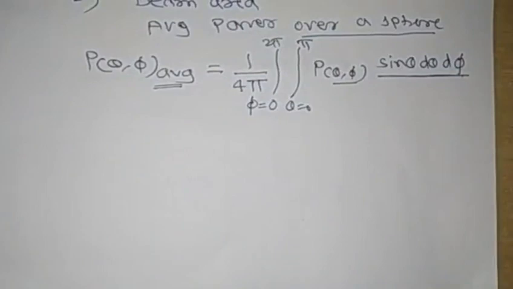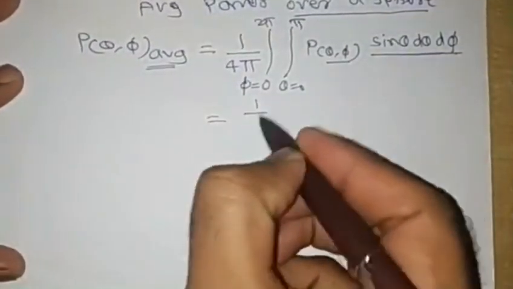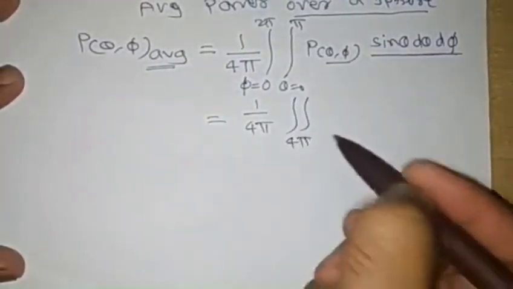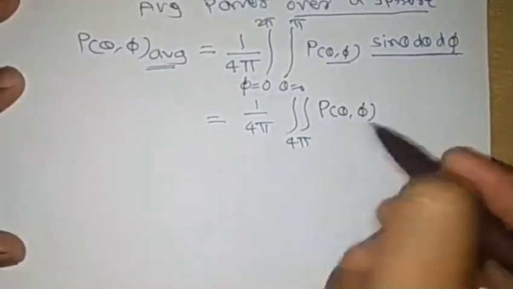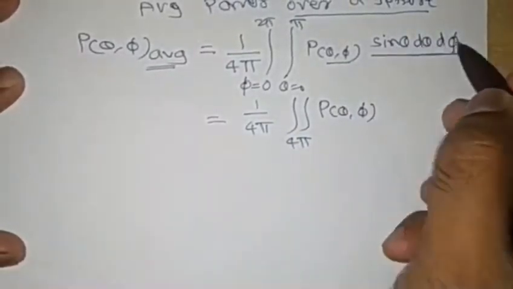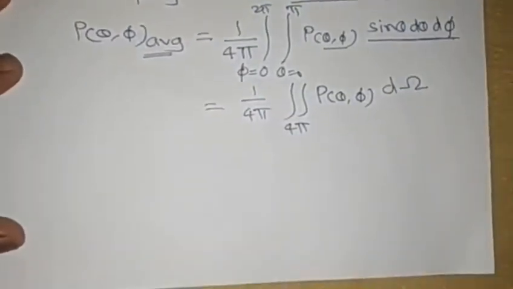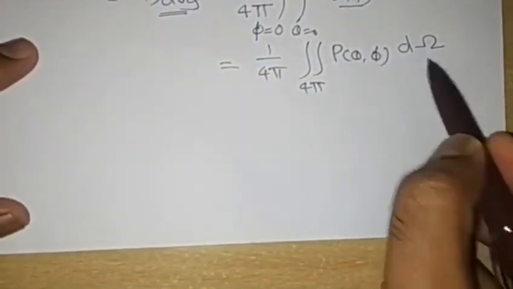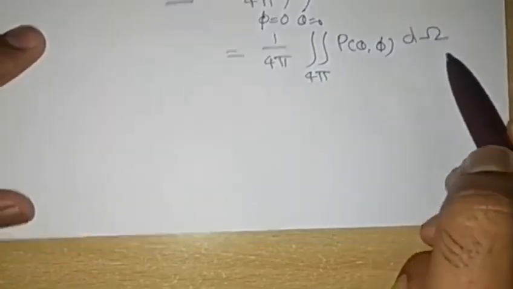Now let's simplify this equation and write it as 1 upon 4 pi times the integral over the surface of the sphere of P of theta comma phi, and the term sine theta d theta d phi is known as d omega, which is the beam area subtended by an incremental region dA. You can refer to my previous video to understand this d omega term.